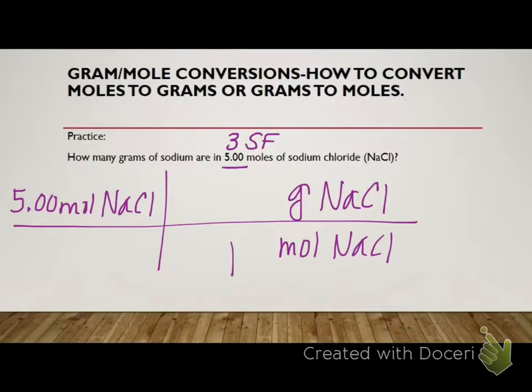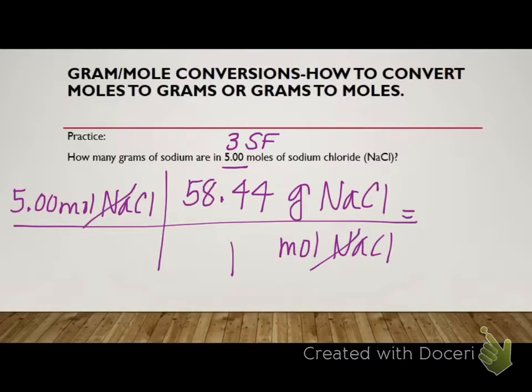I need to find the molar mass of sodium chloride. So I'm going to take sodium, which is 22.99, and I'm going to add chlorine, which is 35.45, and I should get 58.44 grams of sodium chloride per 1 mole. So now my moles cancel out.